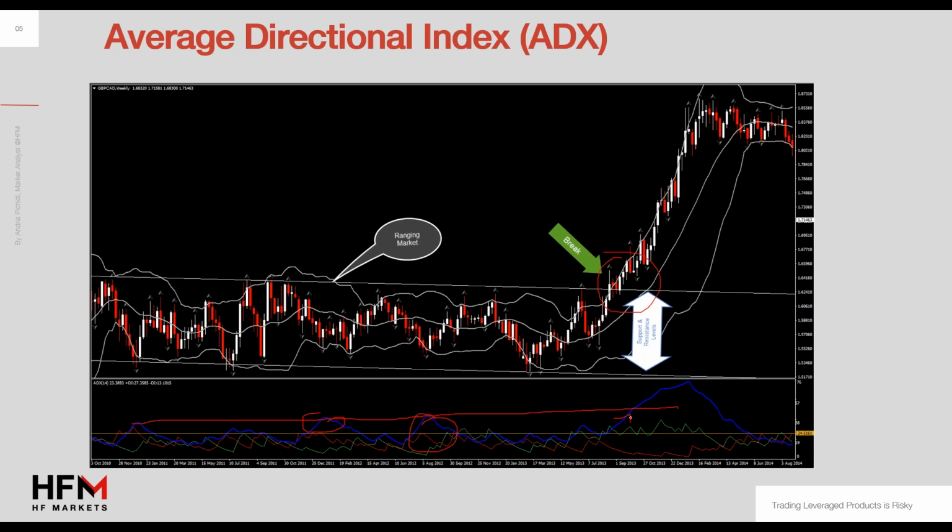And the slope was also quite sharp. The price action started making higher highs and higher lows, exiting my range. So I have two bullish signals here.